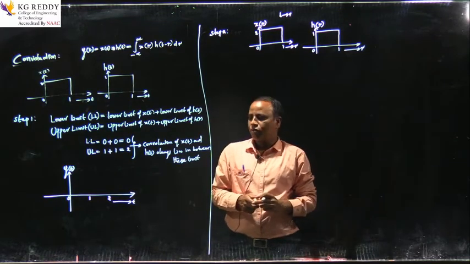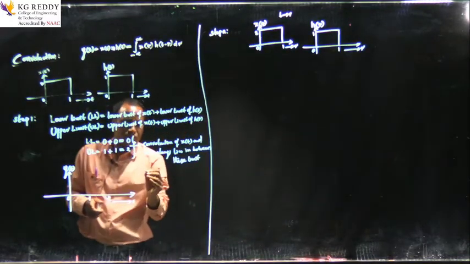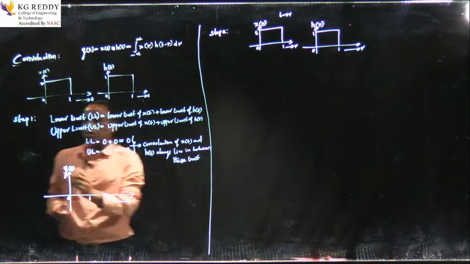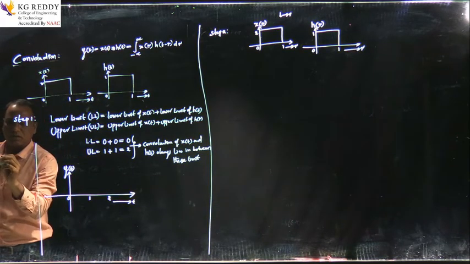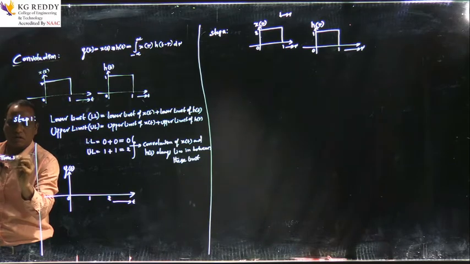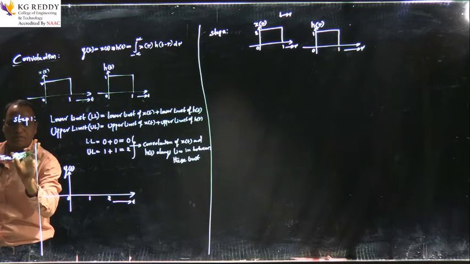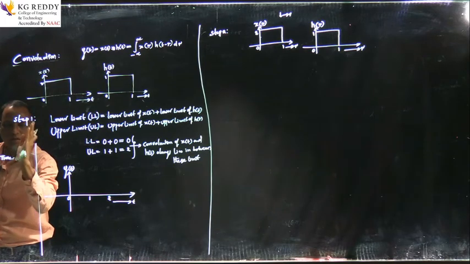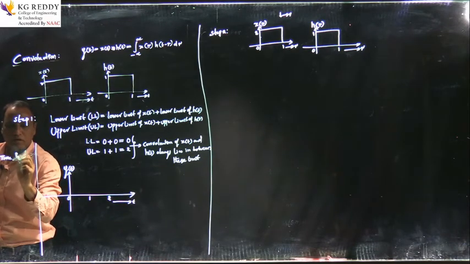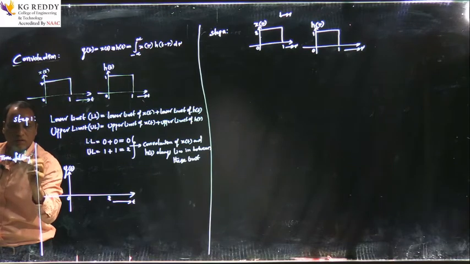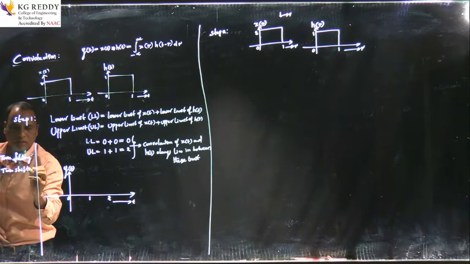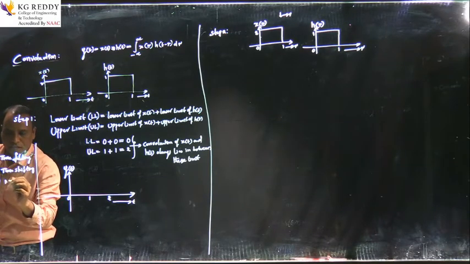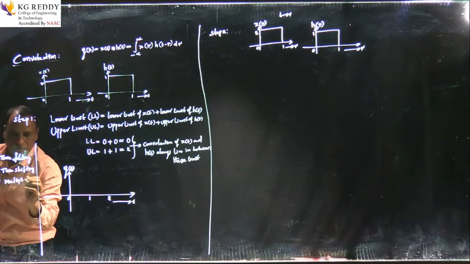Now, if you remember, the different operations involved in the convolution: one is the time folding operation, second is time shifting, third is multiplication, and fourth is integration.